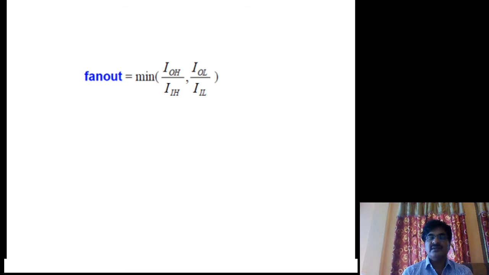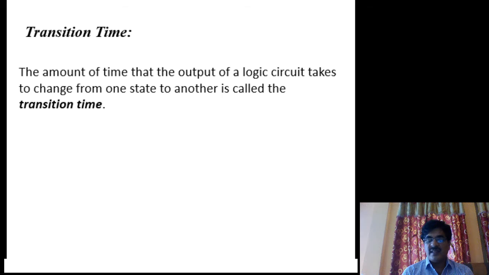Okay. Then coming to the parameter transition time. We have in digital circuits two states: one is the on state and another one is the off state. Here transition means a change from one state to another state.